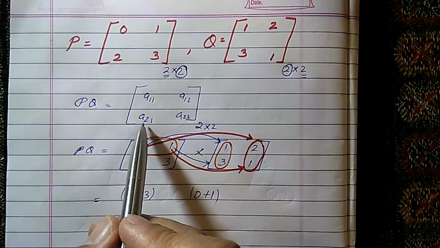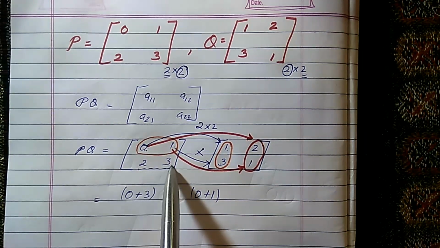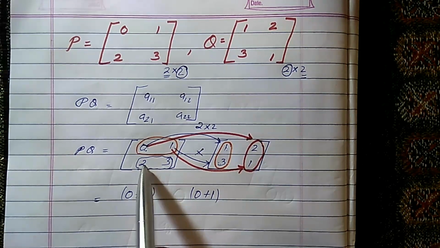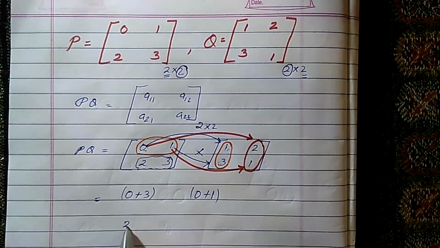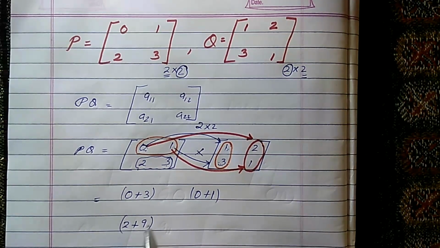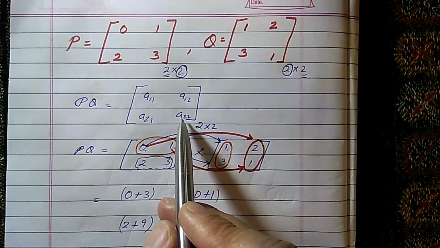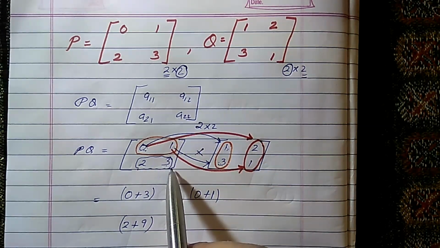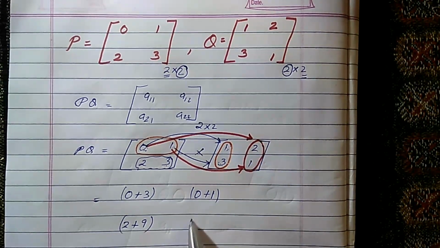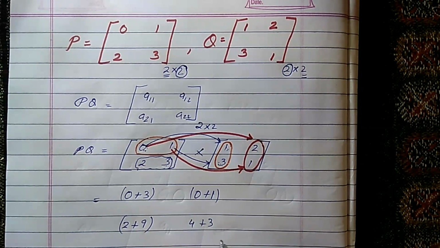Now we go to this one. This one says second row, first column. Now the row is this one, the column will be this one. So we multiply 2 with 1. 2 into 1 is 2 plus 3 into 3 is 9. Similarly, the last element A22, second row, second column. So 2 multiplies with 2, we get 4, plus 3 multiplies with 1, we get 3.